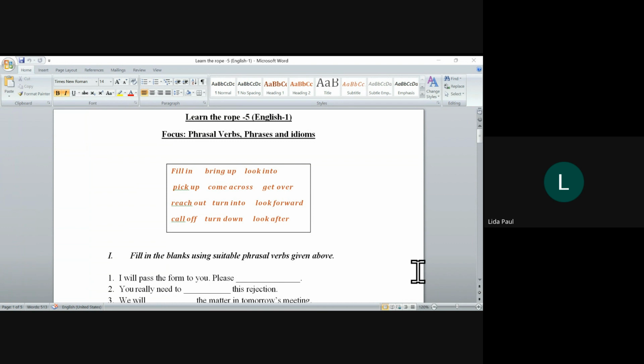But look at an example like come across, which we already looked at, right? This has been mentioned in the chat box by one of our friends. Now, come across is an example of an inseparable phrasal verb. Why?